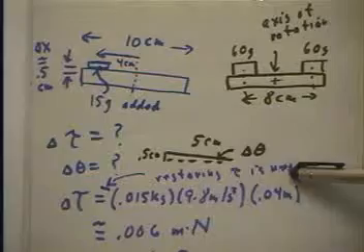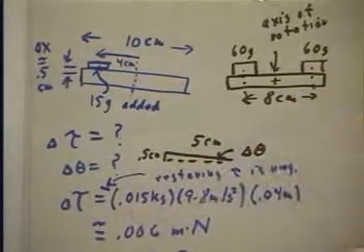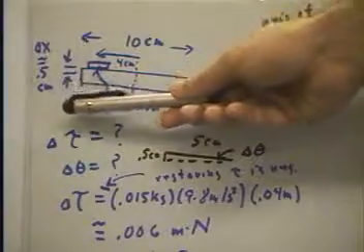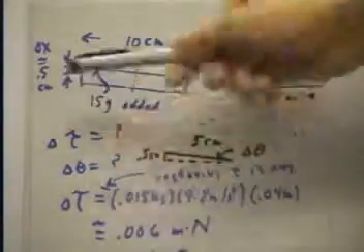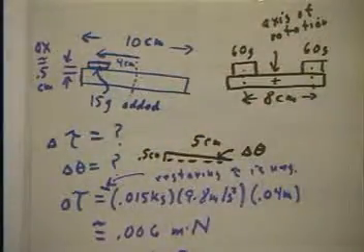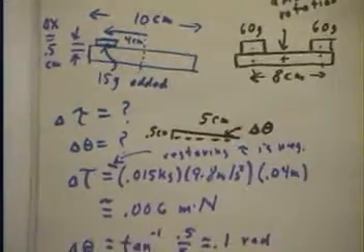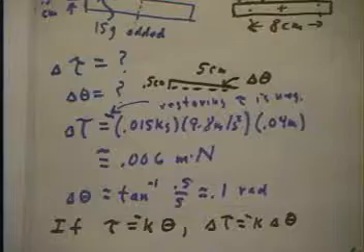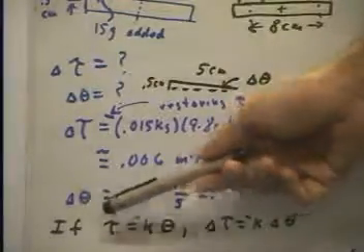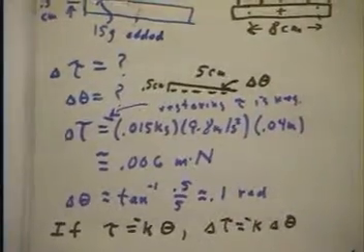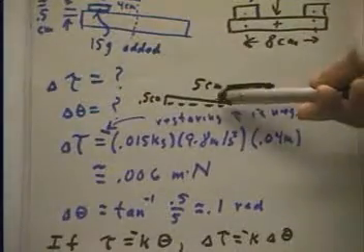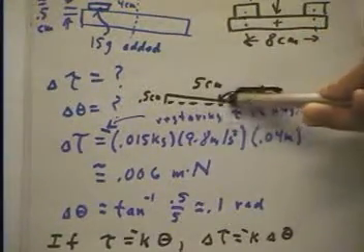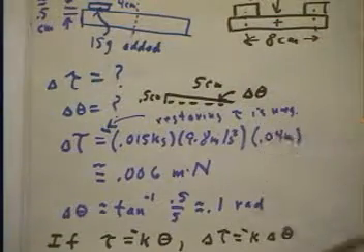And we'll note that the restoring torque is negative in this case. We push down, the restoring torque is back this way, which is a clockwise rotation, which is what we conventionally call a negative rotation. Now, our delta theta, remember that we had a displacement of 0.5 centimeters at a 5 centimeter distance from the center of rotation.